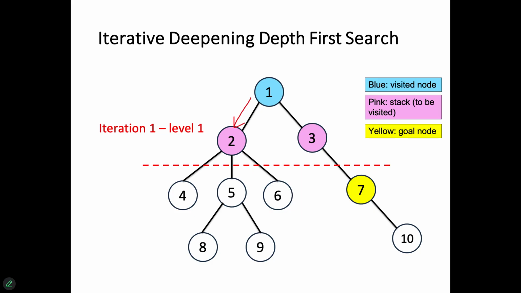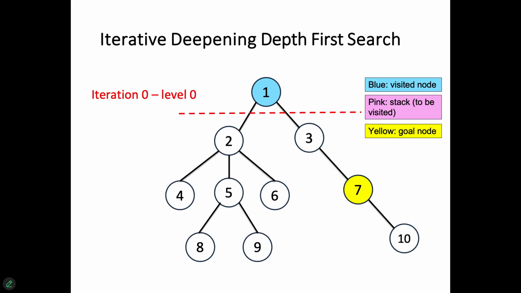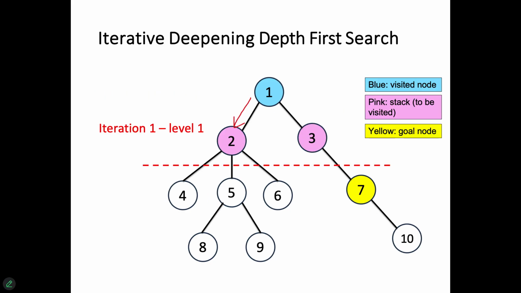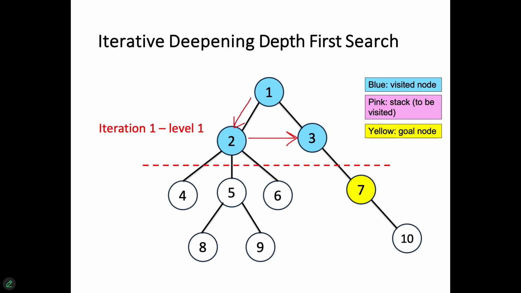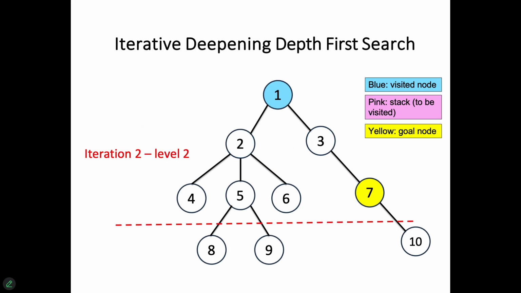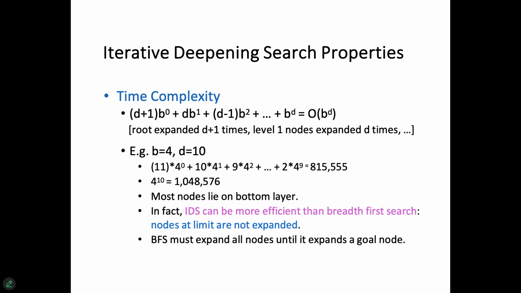Okay, so you see the root level was visited at level 0, again at level 1, again at level 2, iteration 2, again iteration 3. So the root is the node that is going to be revisited more than any other node, right? Because it was at the first iteration.